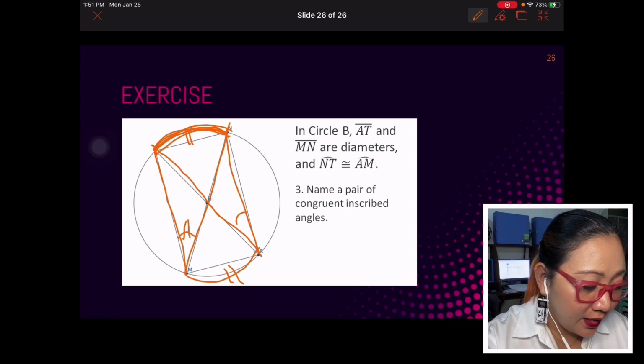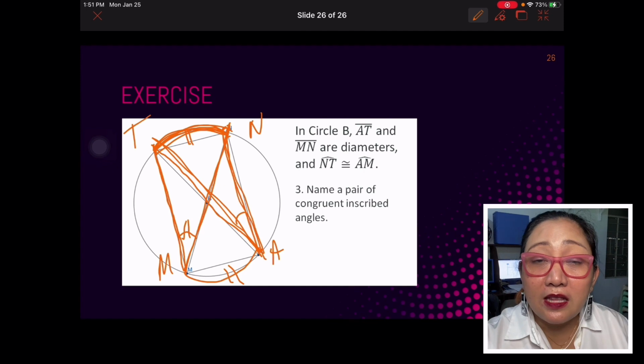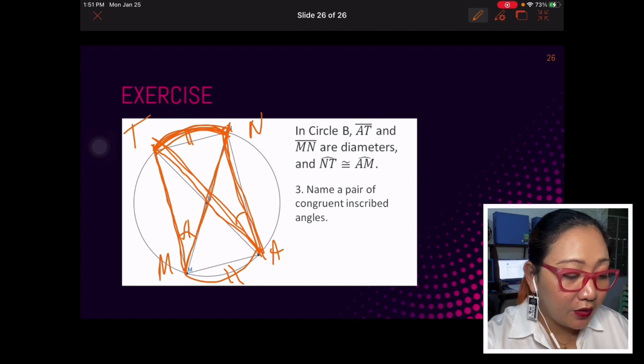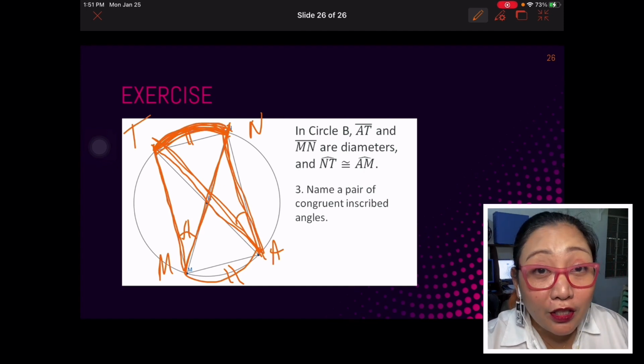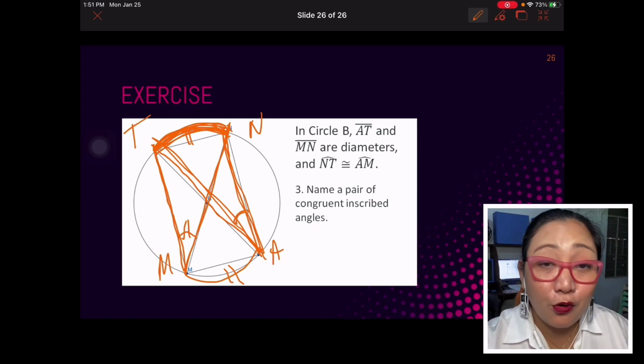Ulitin ko ha, itong angle na to. Si TMN at saka si NAT. Okay? So, as you can see, they have the same intercepted arc. At according sa theorem number 4, if they have the same intercepted arc, then the angles are congruent.